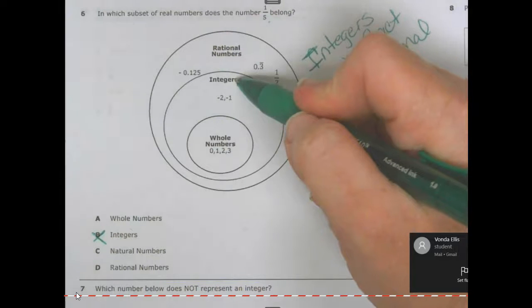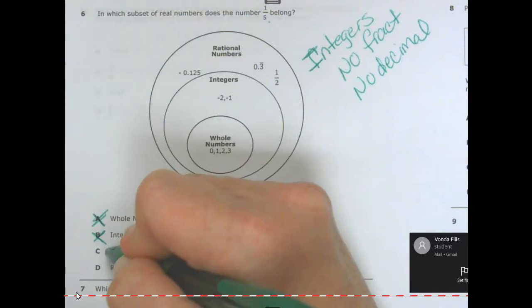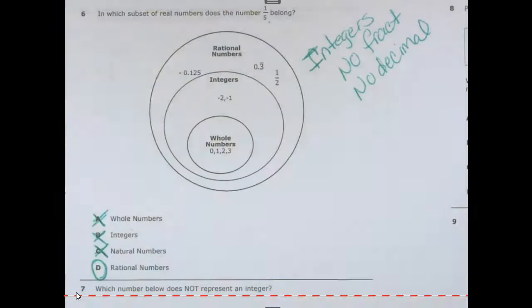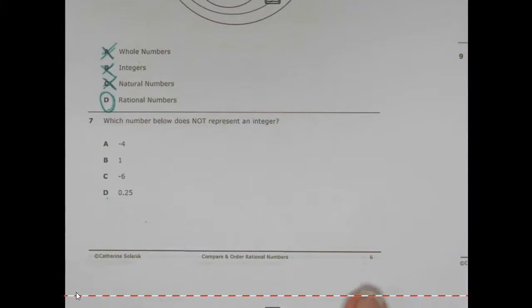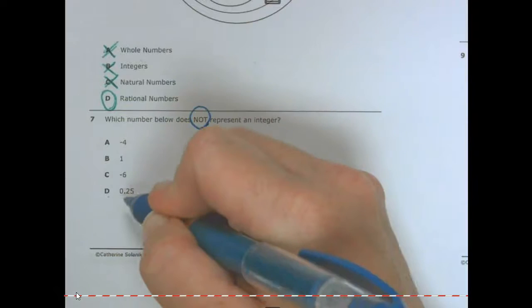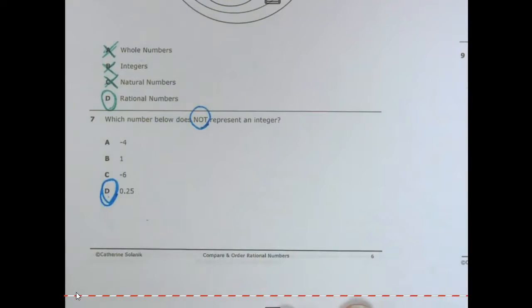If it cannot be an integer, then it cannot be a whole number. And it cannot be a natural number. So the answer is D. Which number below does not represent an integer? An integer cannot have decimals. So we want a not, and since this is a decimal number, my answer is D.